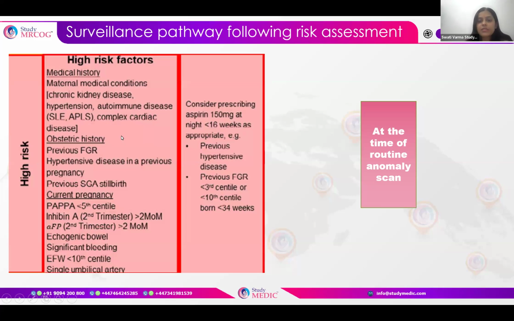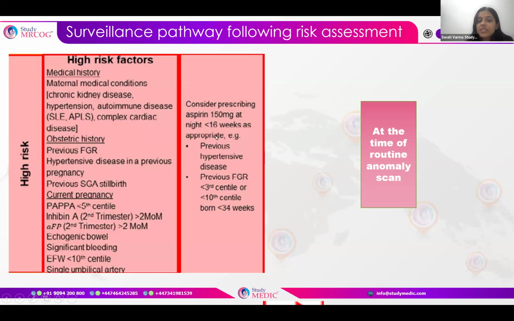So these all are high-risk factors. Here again, you will consider prescribing aspirin, 150 mg at night from 12 weeks onwards or less than 16 weeks as appropriate, especially for those with previous hypertensive disease or previous FGR. Wherever there is evidence of placental dysfunction, aspirin has to be added.